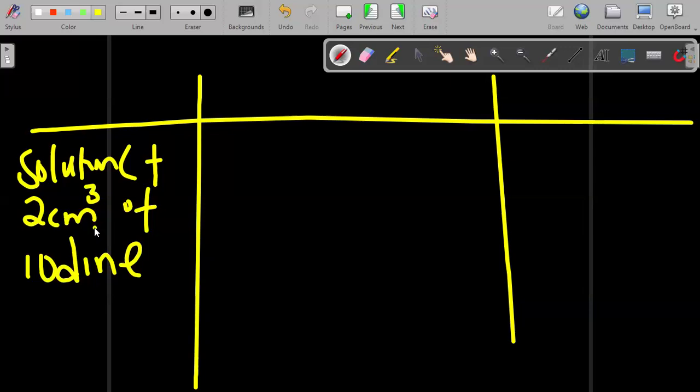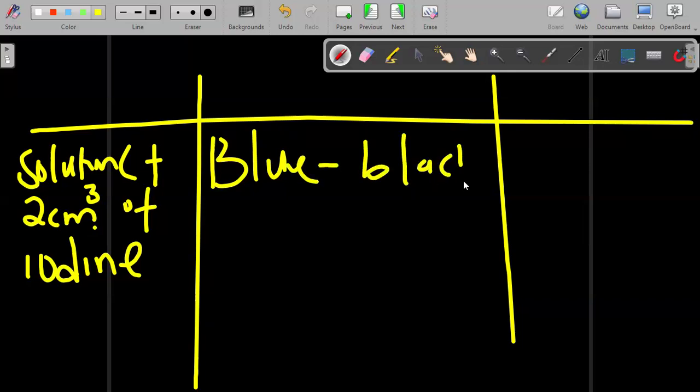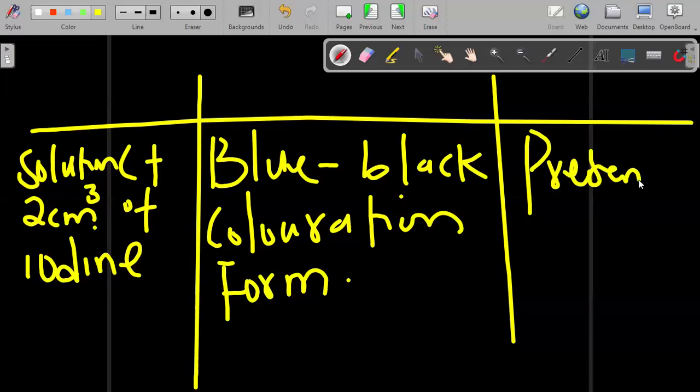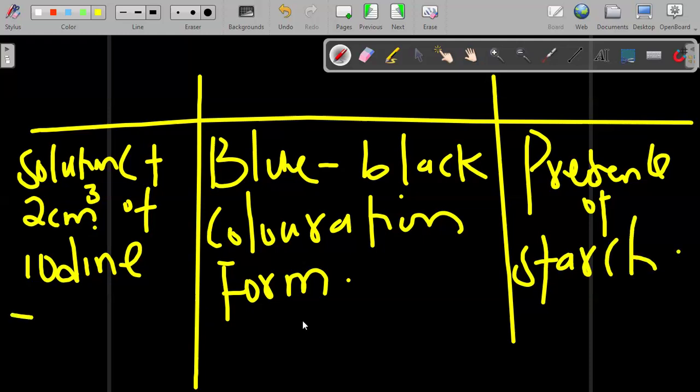So you are going to see blue-black coloration. Blue-black coloration form. So what's the inference? Presence of starch. Presence of starch.